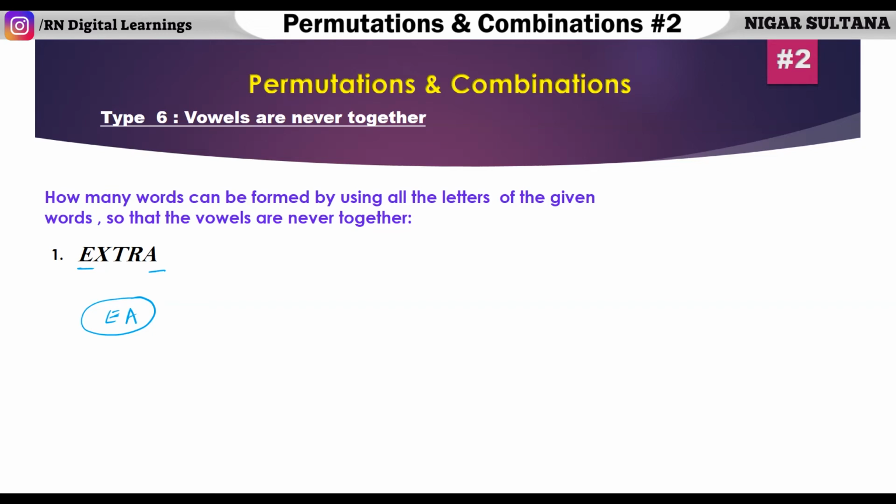That means E should be somewhere and A should be somewhere. We can place E, X, T, A, R also, because E and A are in different positions. Now X, T, E, R, A. So this is another way. See E and A, these are the two vowels placed at different positions. They are not merged together, right?